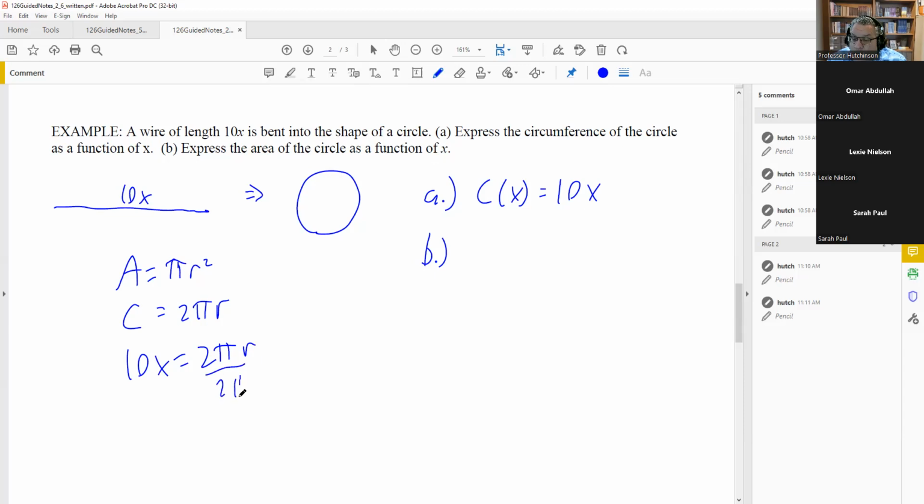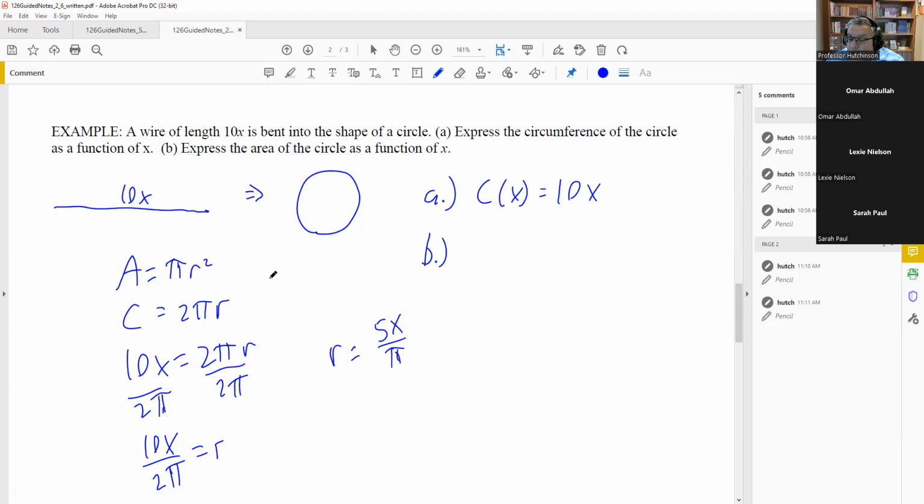If I divide both sides by 2 pi, I get 10x over 2 pi is equal to r. I can reduce the 10 over 2 to 5, so r is equal to 5x over pi.